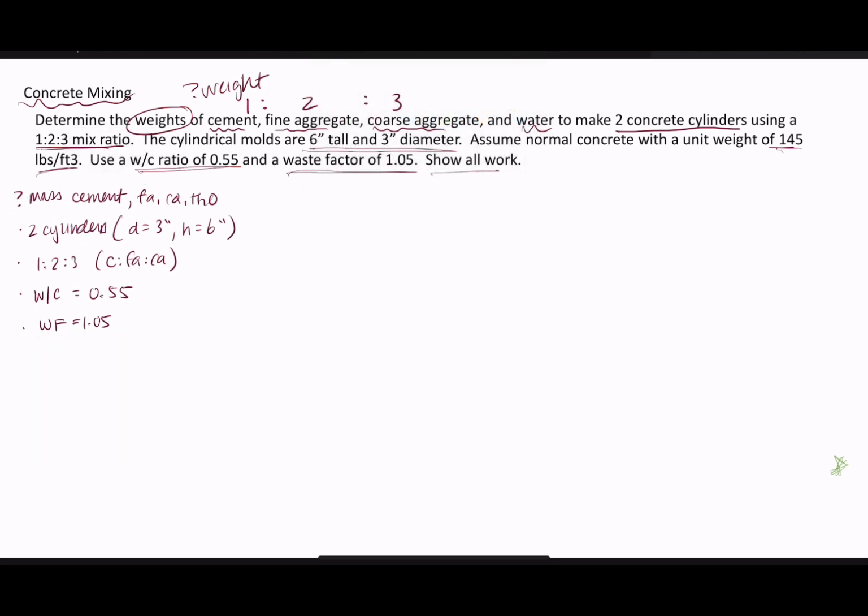So step one, what seems like it would be a good step one? Let's calculate our total volume needed. I have a cylinder, and the volume of a cylinder is pi r squared h.